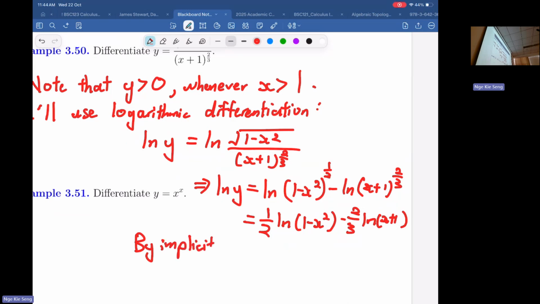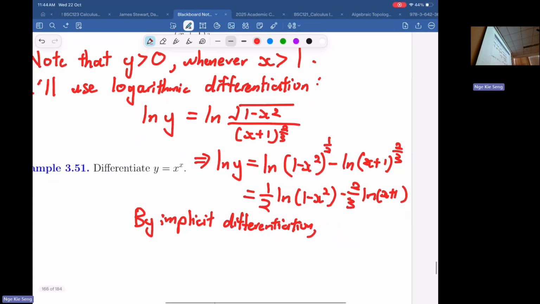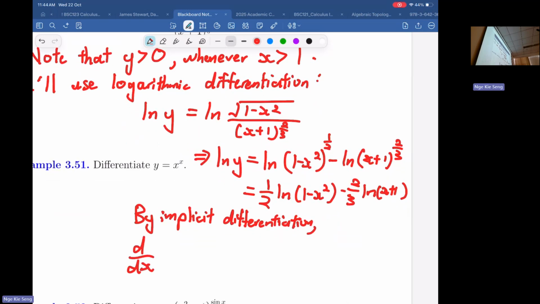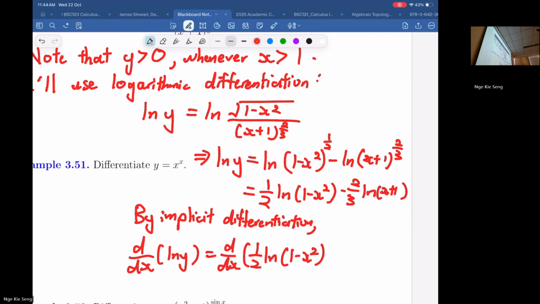Then we will use implicit differentiation. We use implicit differentiation here, where we differentiate both sides with respect to x.